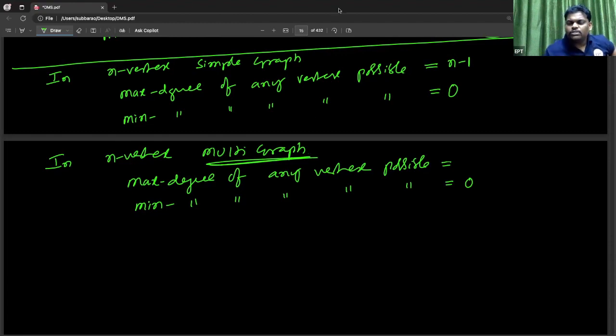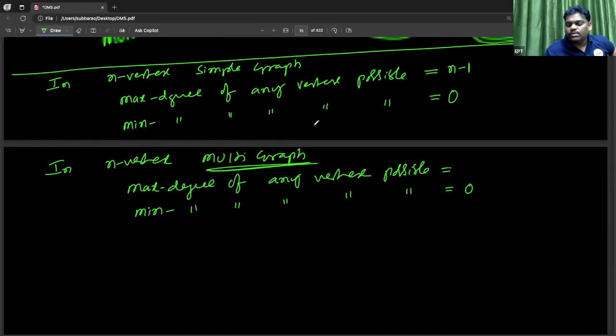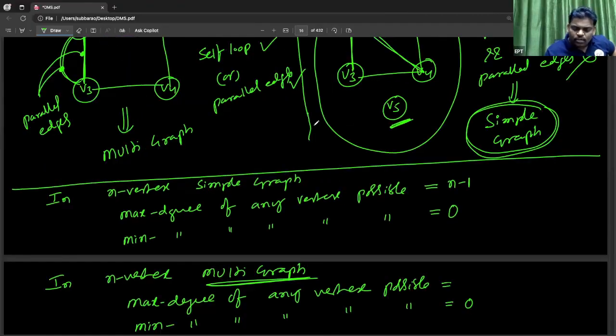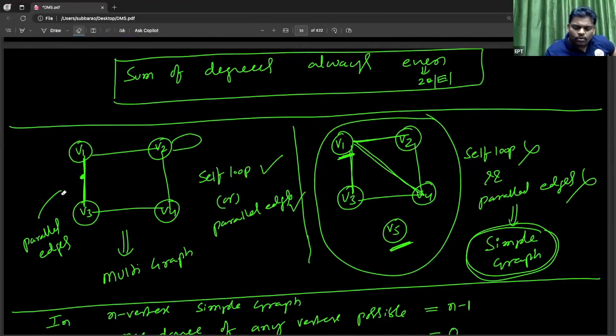Can you say maximum how much? Remember, total vertices are n. Let us assume n value 4. In a 4 vertex multigraph, what is the maximum degree possible for any vertex? I will try.